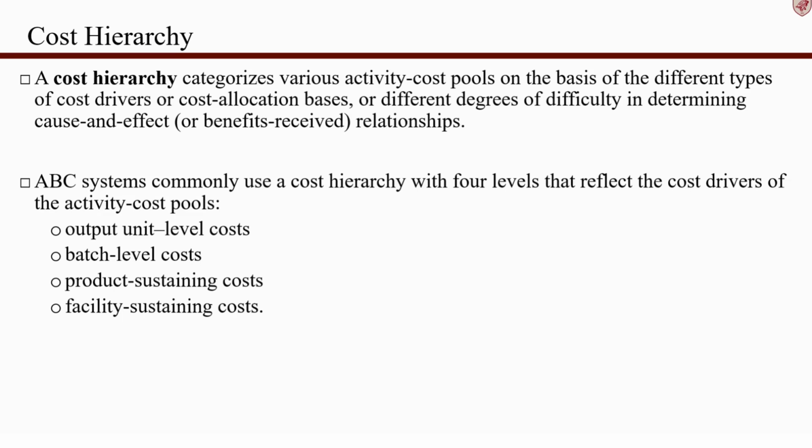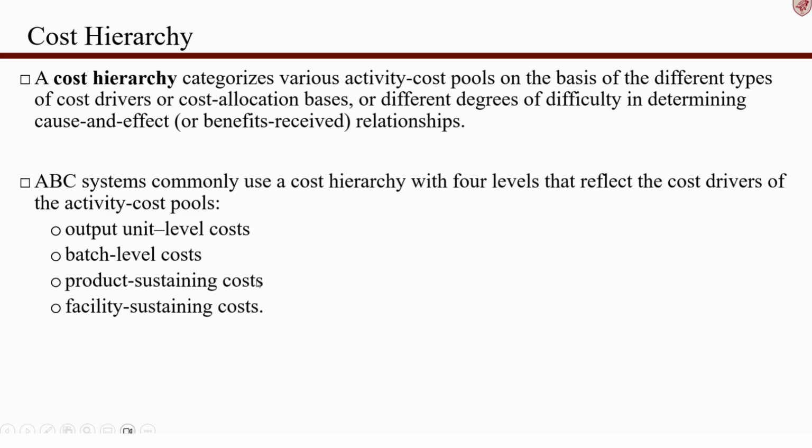So basically, these first two are categorized based on the cost drivers or the cost allocation basis. The cost that varies with the units of output produced, or the cost that varies with the batches of products. But all other costs that do not necessarily vary with the units produced or batches of products are called sustaining costs, the costs that would sustain either a product or the facility, right?